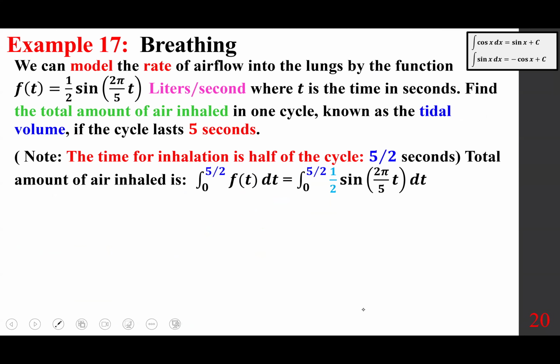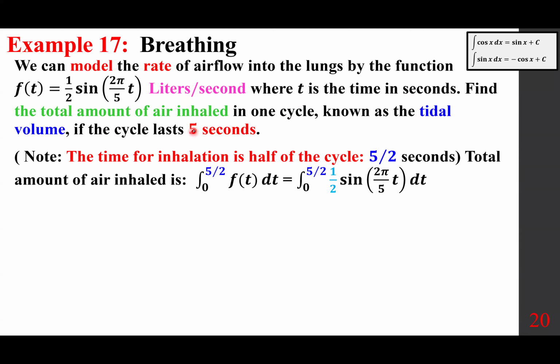Okay, breathing. We can model the rate of airflow into the lungs by the function f of t equals 1/2 sine of 2 pi over 5 t liters per second, where t is the time in seconds. Find the total amount of air inhaled in one cycle, known as the tidal volume, if the cycle lasts 5 seconds.